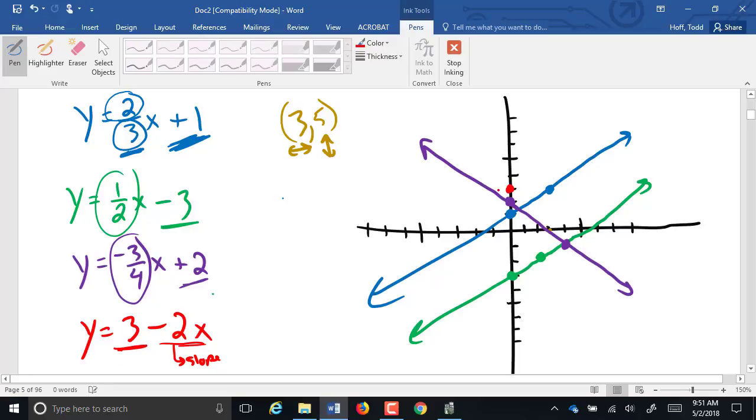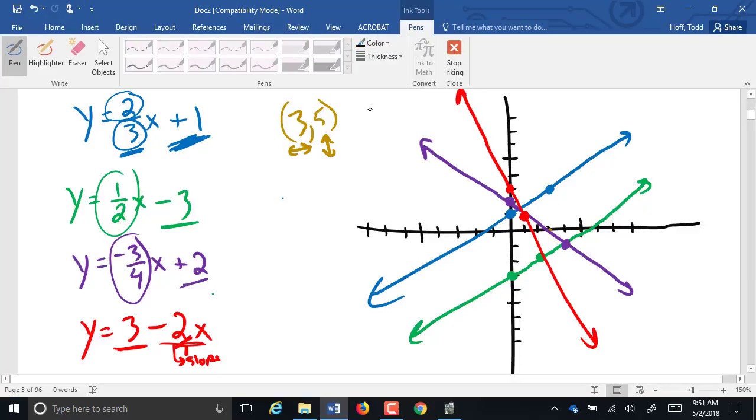So we go up 3. Even though it's in a different order, that's still the number that's added or subtracted. So we start at +3. Now that -2, we make it into -2/1, don't we? So from that point, we go down 2 and over 1. And there's our second point on that graph. There's our line.